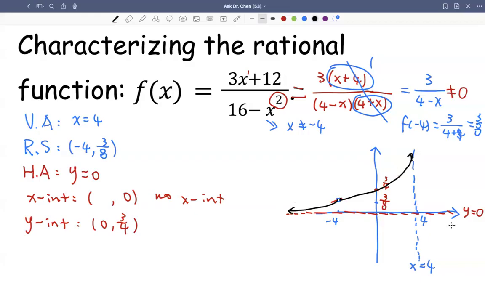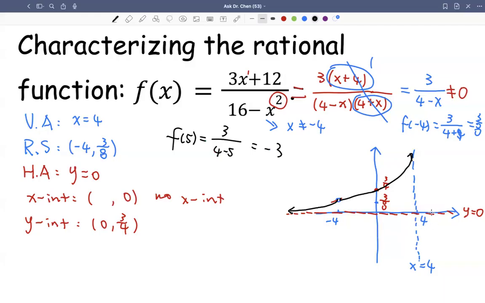Then we could try a couple of points, but by the characteristics of rational functions, we know another piece is somewhere here, in this corner. Let's give a couple of values. Let's evaluate f of 5. That would be 3 divided by 4 minus 5, which is negative 3.